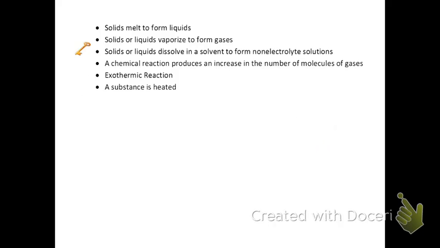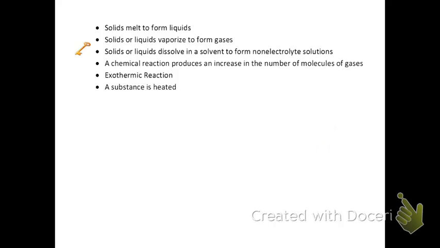At the same time, an endothermic process is going to absorb energy from the environment, creating a more ordered surrounding universe. Okay, so those are some things to think about as we go through this.